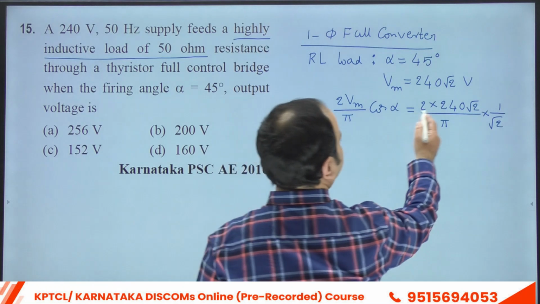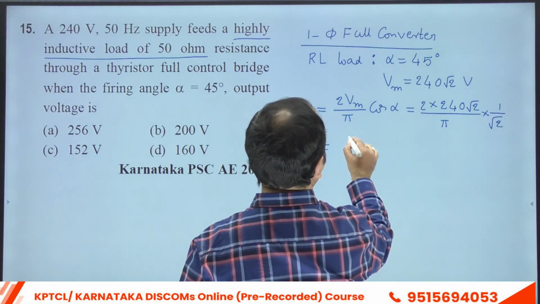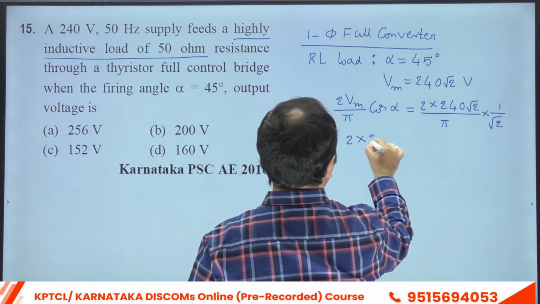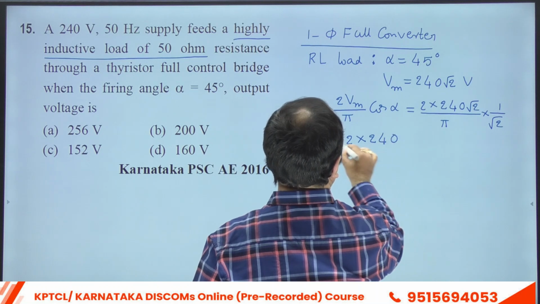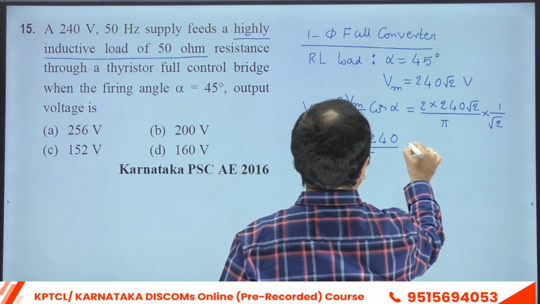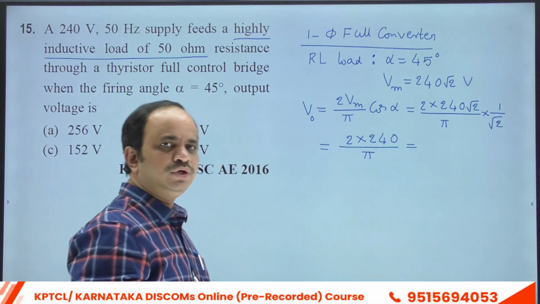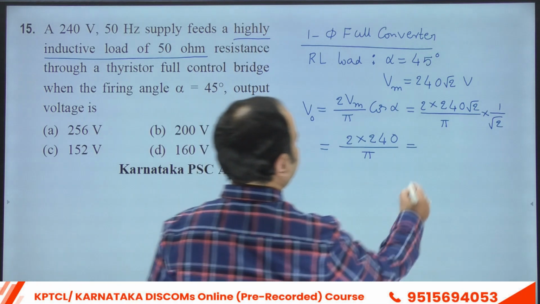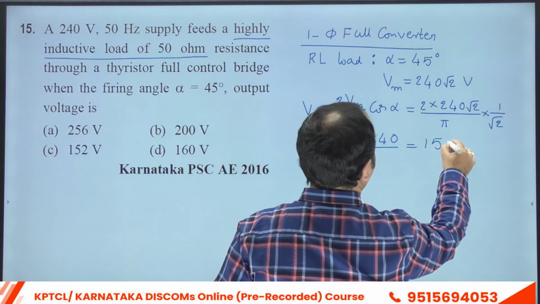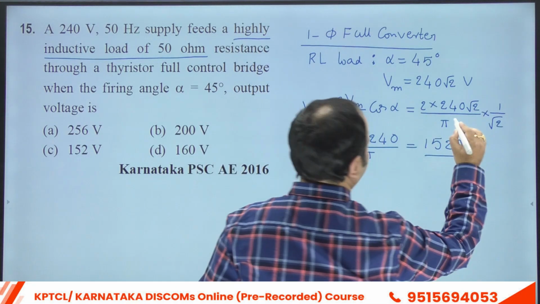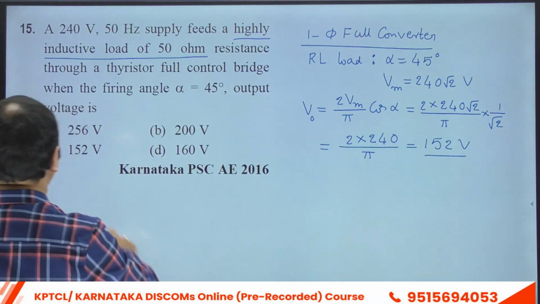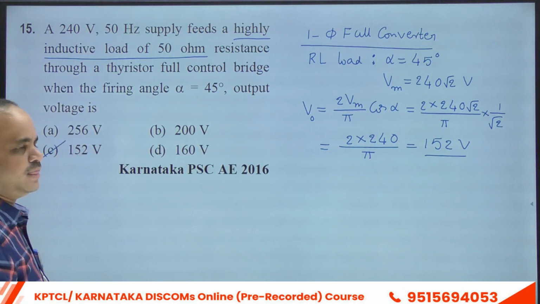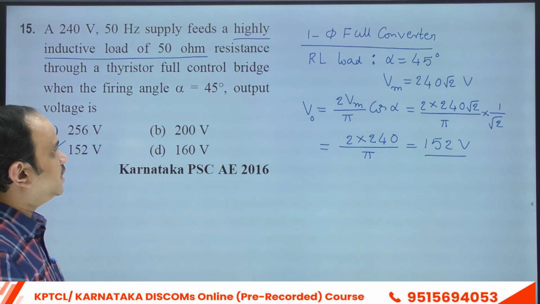If you do this simplification, 2 into 240 divided by pi, this value is approximately 152 volt. So, option C is the correct answer.